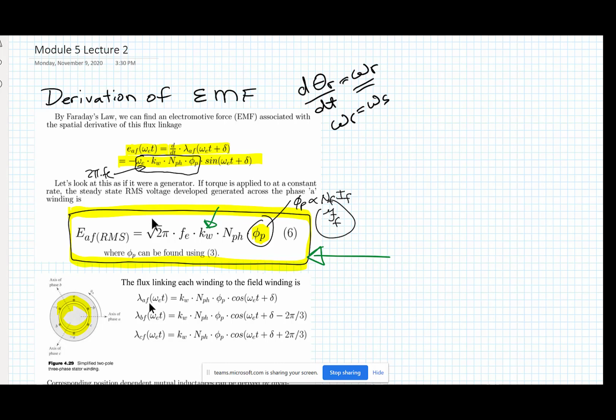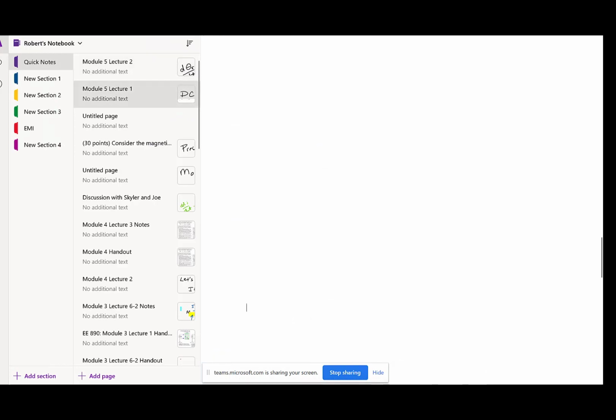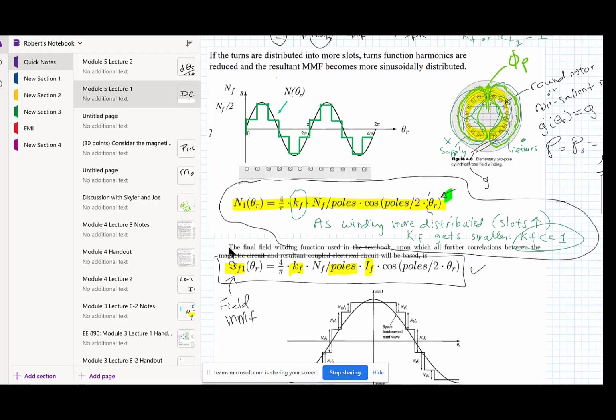Because of that, we then have a flux linkage that is time dependent. If we take the derivative of that, now the flux linkage, and I'm not going to go into too much detail, it's in a prior lecture, but what is it linking to? It's linking to one of the phase windings on the stator. And so the synchronous machine has windings.